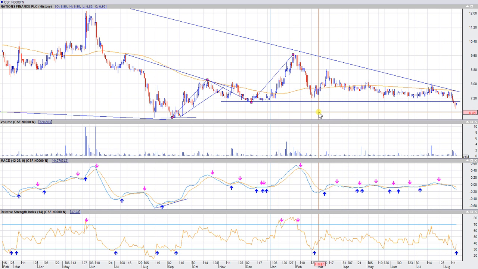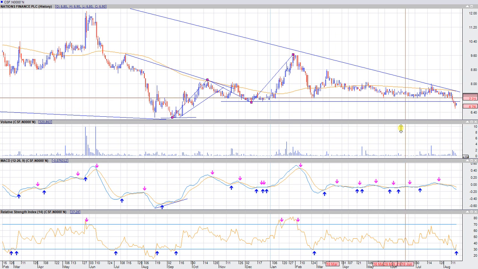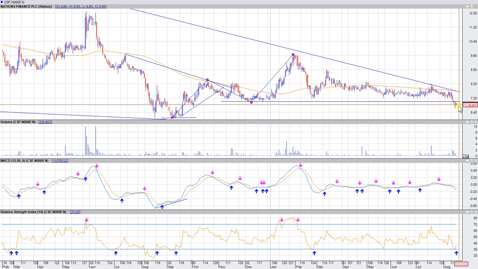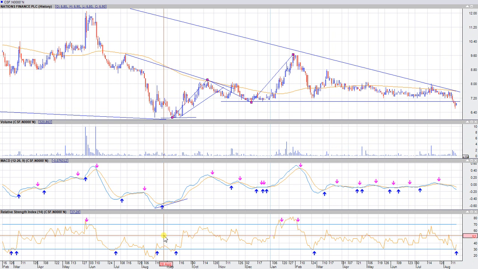Now you have already a figure in your mind, that is 5 rupees is your support. That is going to be a major support, 5 rupees. Now this breakout which occurred, let me circle it for you.